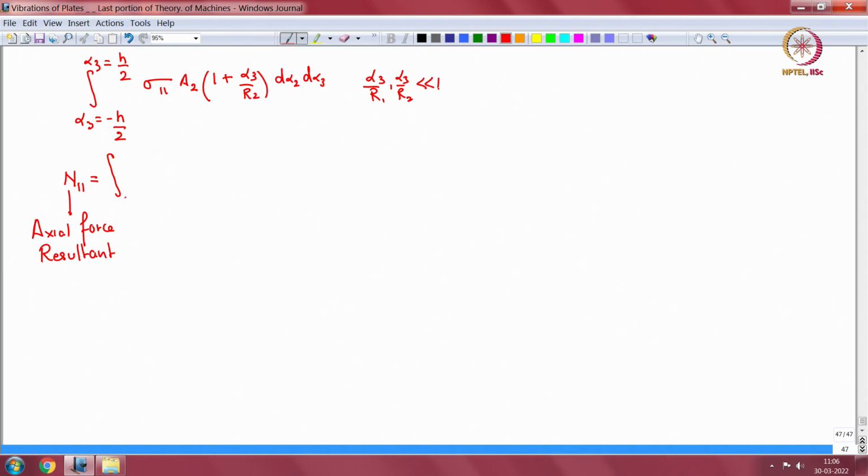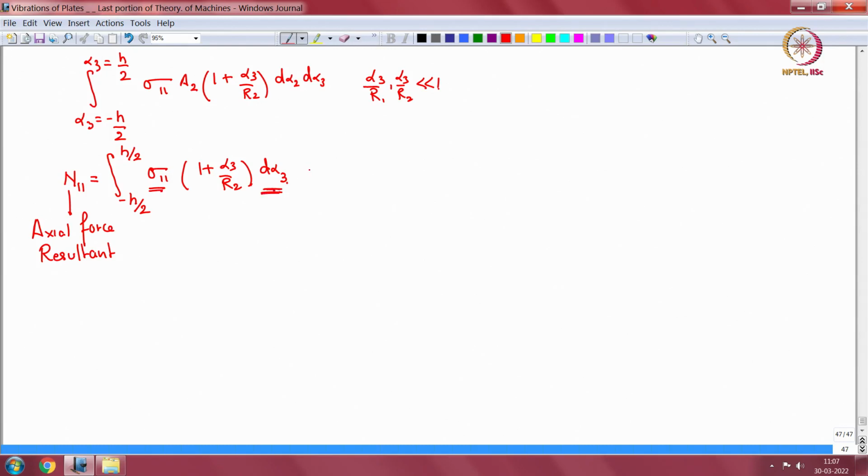Axial force resultant is first given by the integral from minus h by 2 to h by 2 of sigma 11 (1 plus alpha 3 by R2) d alpha 3. Okay. You can see stress multiplied by one area element. So, it is not a full force.